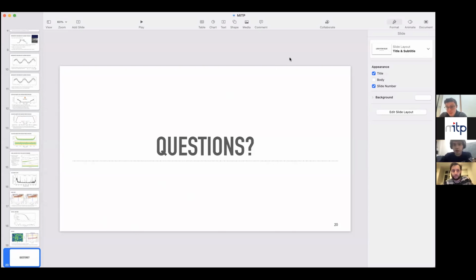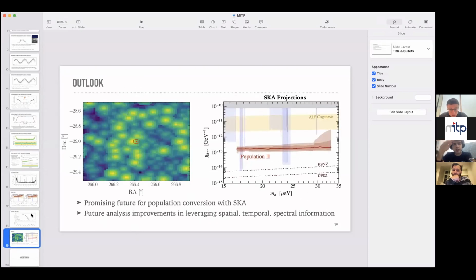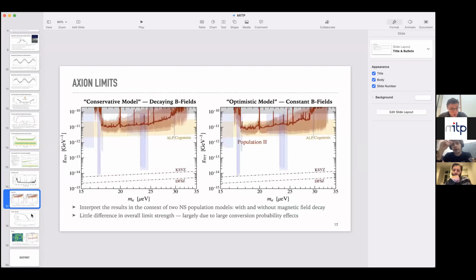I have a question, if I can start with. So this is maybe a very dumb question because I don't remember the numbers. You're showing numbers from like 10 microelectron volt to 20 microelectron volt, and you don't seem to have any absorption feature. I think about free absorption for electron density, especially at low latitude in the galactic center.